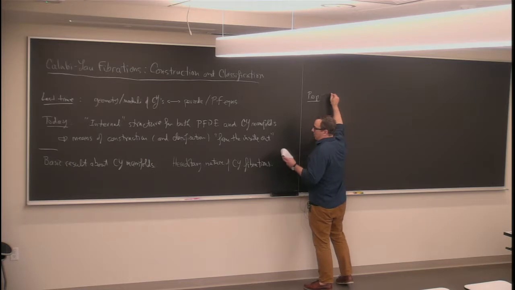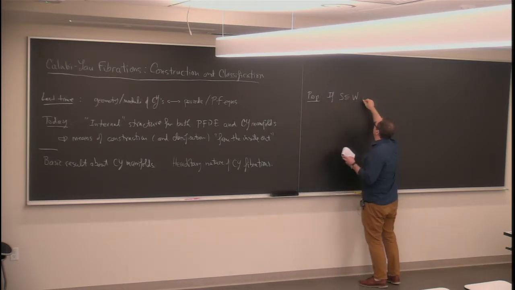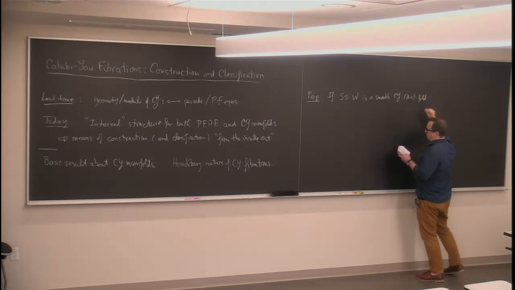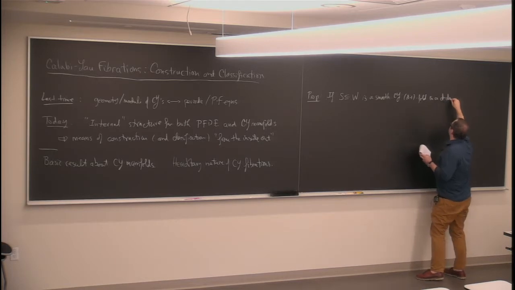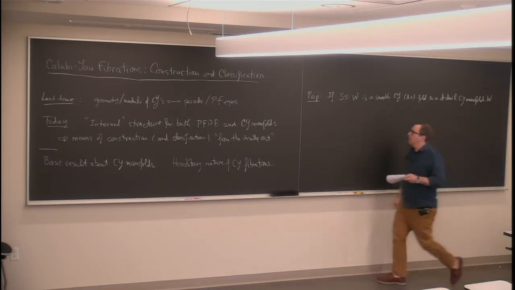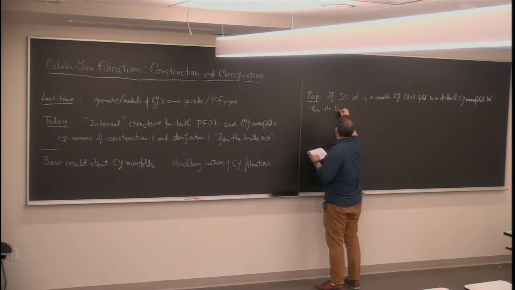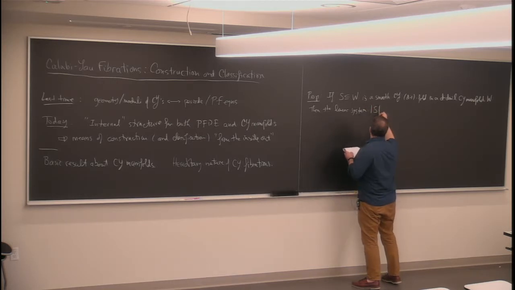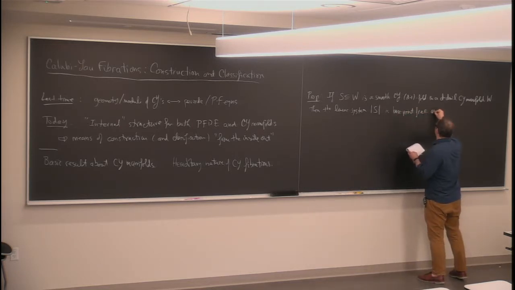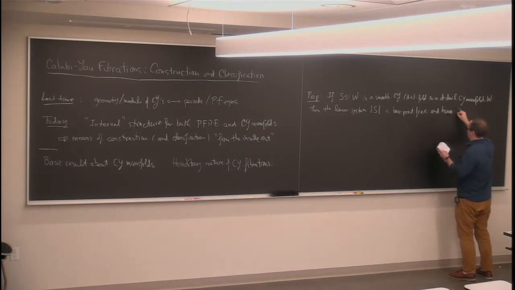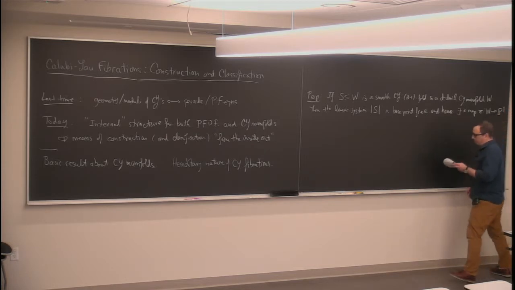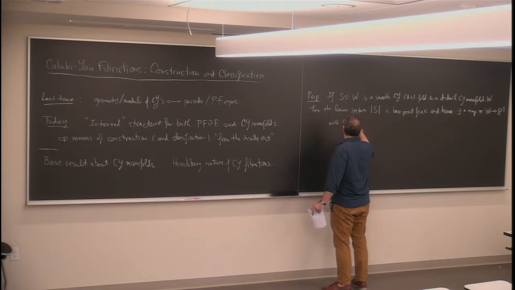So, proposition: if S contained in W is a smooth Calabi-Yau d-1 fold hypersurface in a d-dimensional Calabi-Yau manifold W, then the linear system of S is base point free and hence there exists a map pi from W to P1 with S as a fiber.